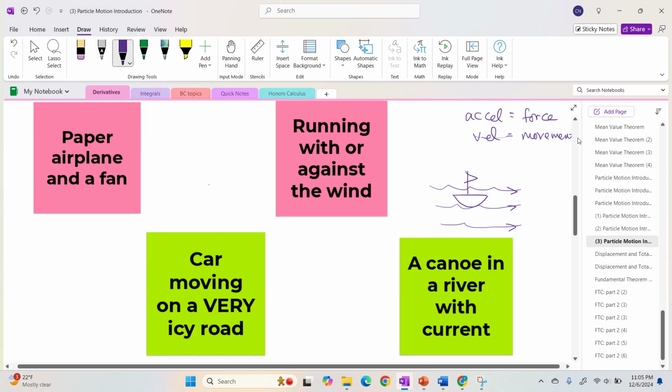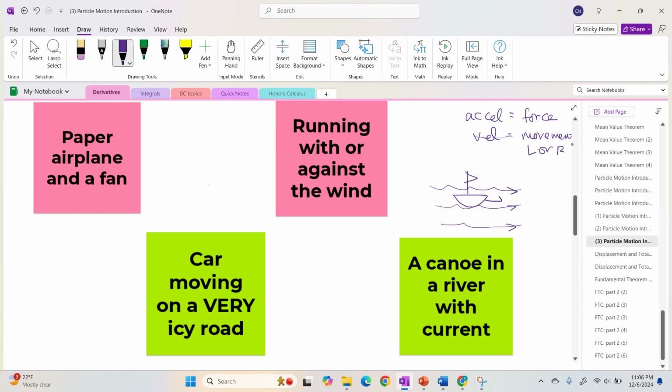Are you moving left or right? Let's say my boat is moving to the right, so my velocity is positive. We'll say to the right is positive. And my current is also going to the right. If you're moving with the current, obviously you're going to speed up. Here, acceleration is positive, velocity is positive.